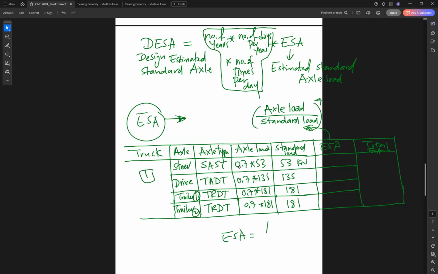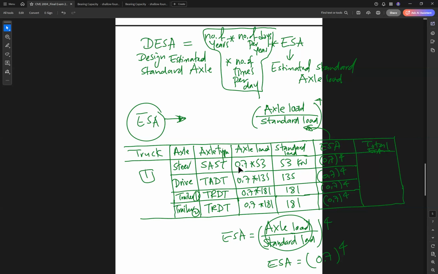ESA equals the axle load over the standard axle load, to the power 4. How much is this percentage already? 0.7. So ESA in this case will be 0.7 to the power 4. That's an easy one.